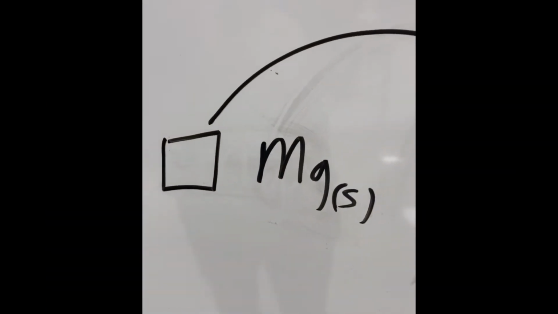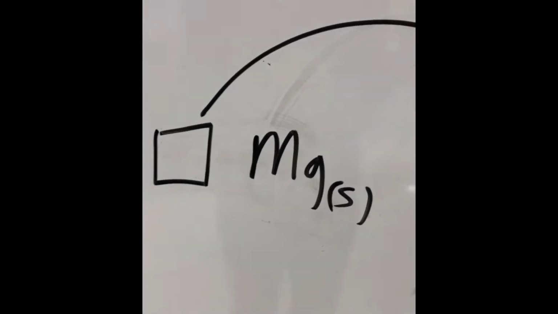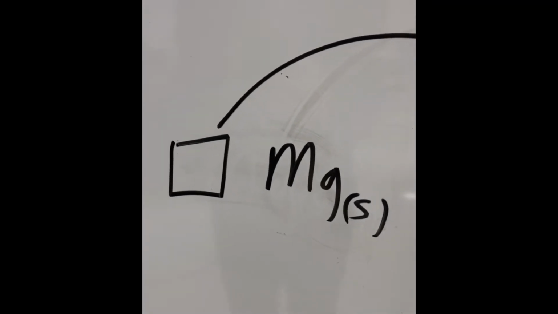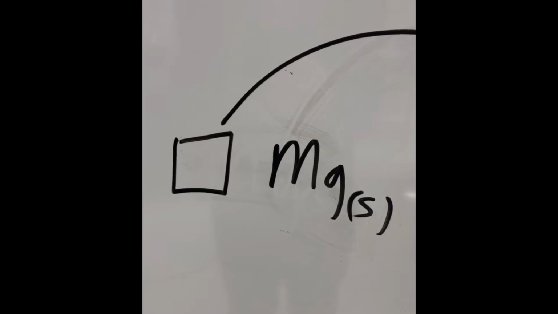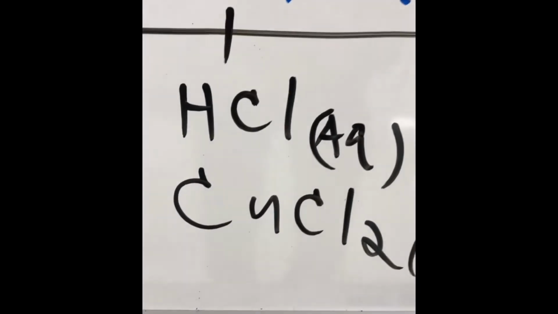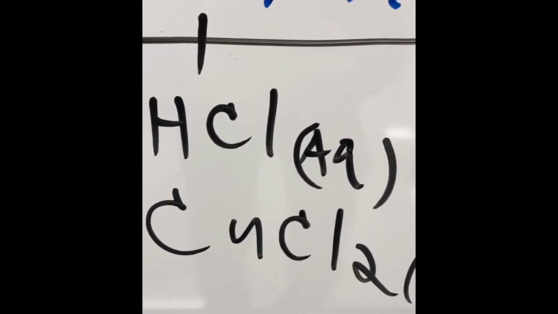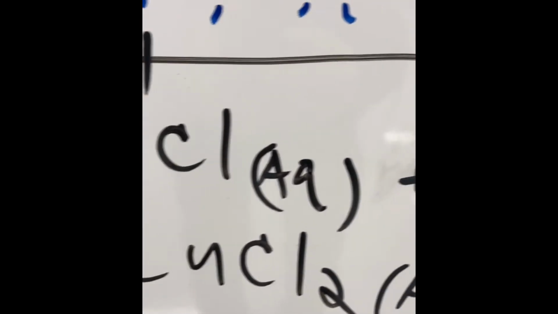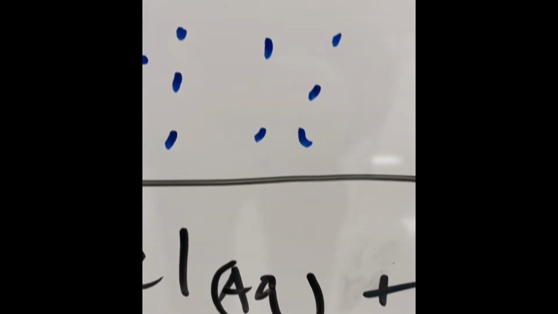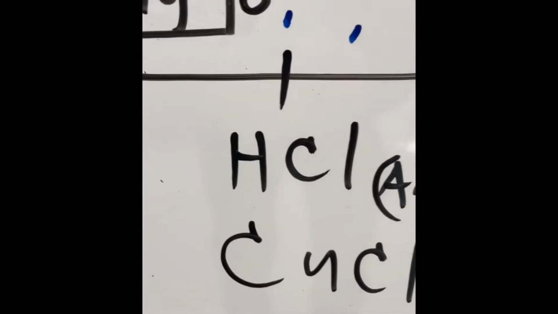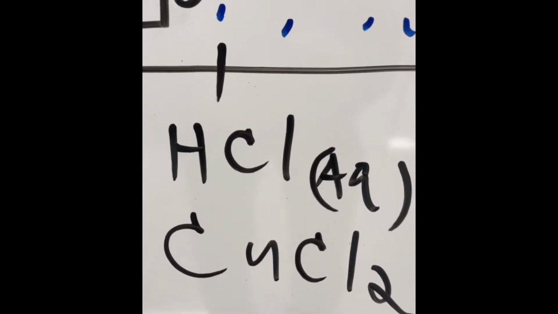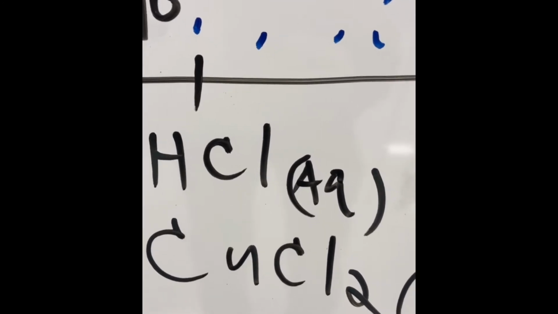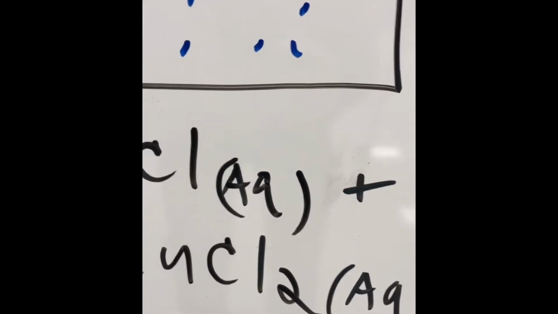All right. Towards the end of our transformation of copper lab, we had an aqueous solution of hydrochloric acid that was mixed with a copper chloride solution, which has the pretty blue color. So this was towards the end. So it's aqueous HCl, low pH, acidic, and then copper chloride aqueous.